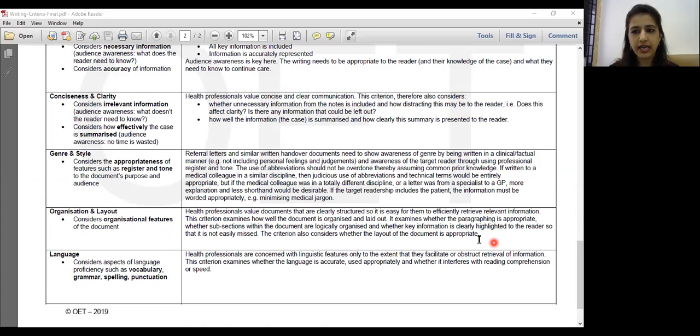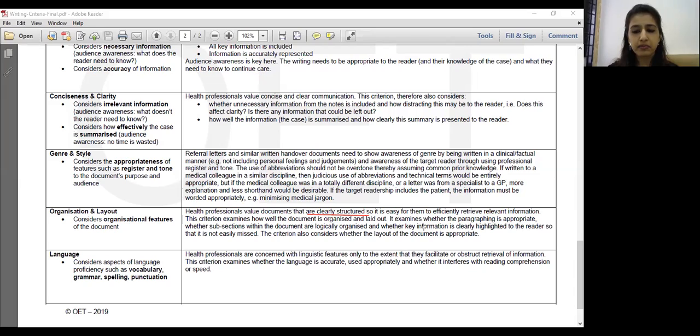The organization and layout criteria says health professionals value documents that are clearly structured, so it is easy for them to efficiently retrieve relevant information. So you have to put yourself in their shoes. If you were this endocrinologist, how would you prefer this information to be organized? Right? So that is one criteria you have to keep in mind. It should be clearly structured, so it becomes easier for them to retrieve information.